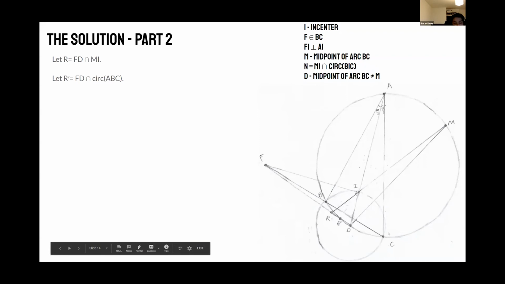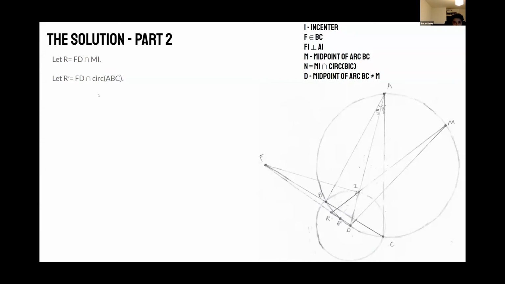So we introduced these two points, and it actually suffices to prove that R equals R prime. To prove that R is on the circumcircle of ABC, it suffices to prove R equals R prime, because R prime is on this circle, and if they're equal, R will also be on the circle. So this is what we want to prove, that MI, FD, and the circle intersect at this point R.